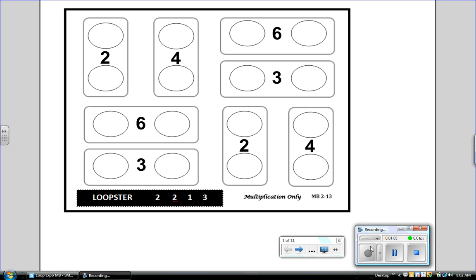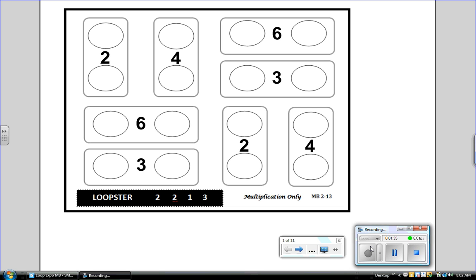Then we'll go to a next page where we'll say, now in this multiplication book, we're trying to master our multiplication tables. So table-specific loopsters have been made. They're very similar to regular loopsters in a lot of ways, except instead of having 4 different numbers, they still have 4 numbers, but 2 of them are the same.